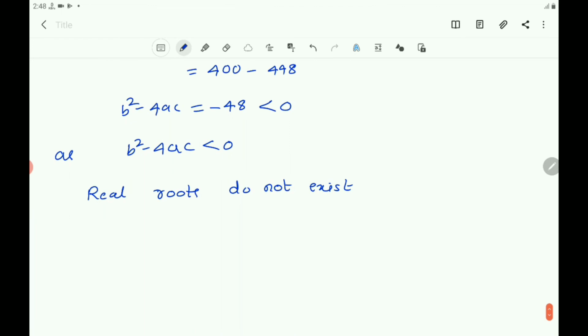Therefore, the given situation is not possible, as the real roots do not exist and you can't get that relation.